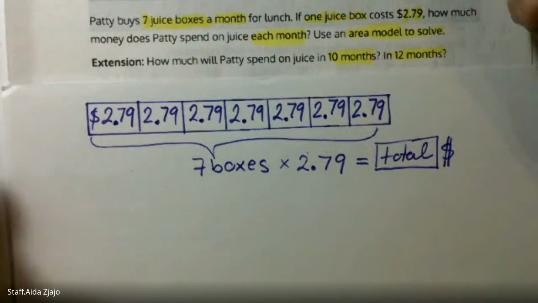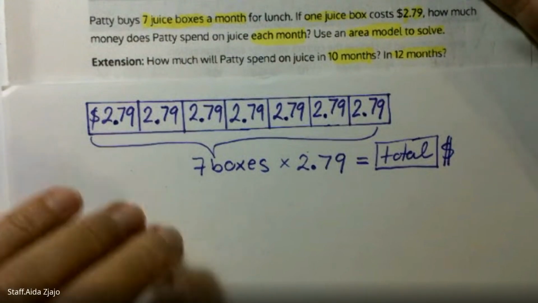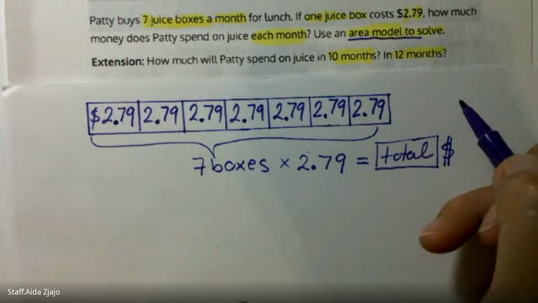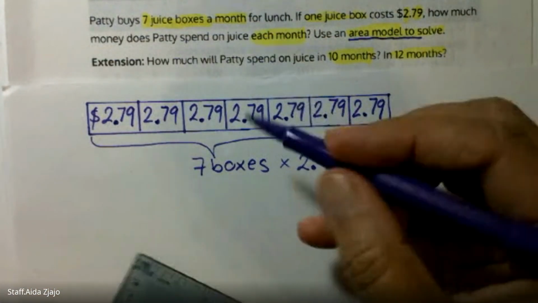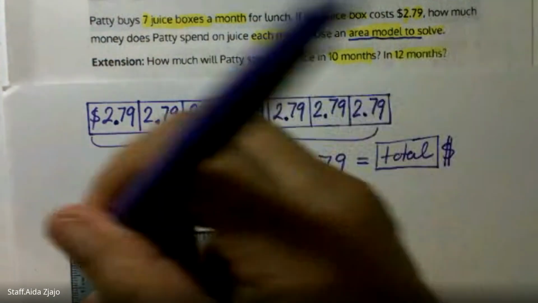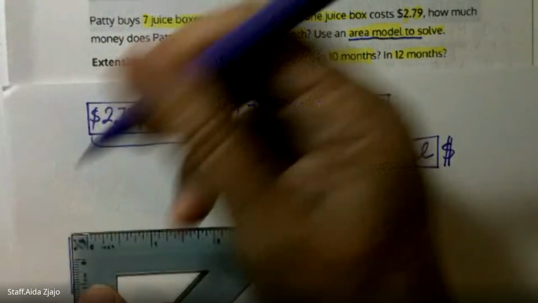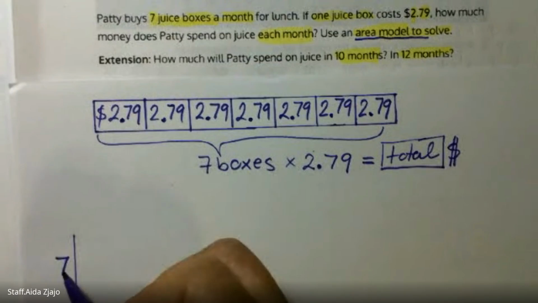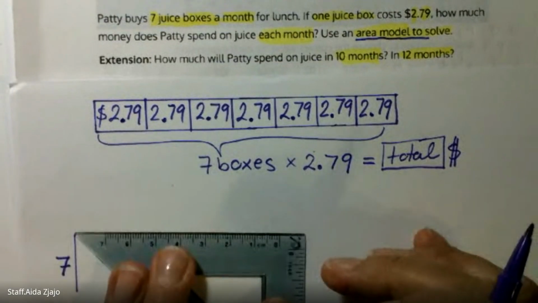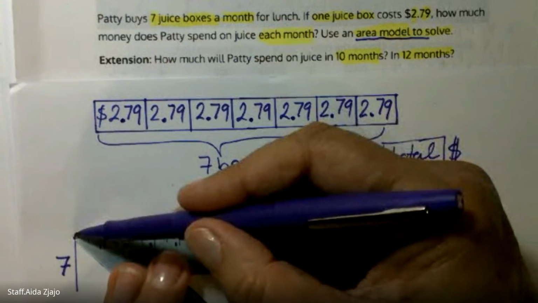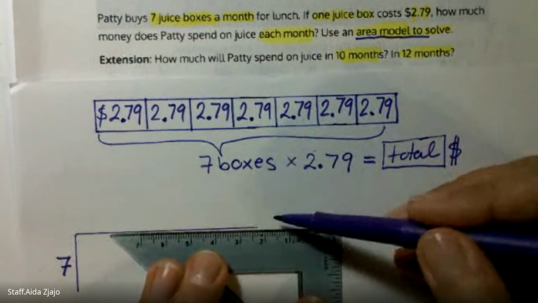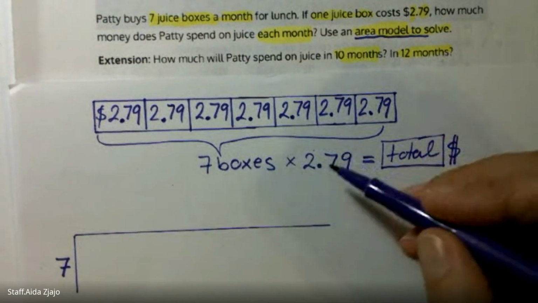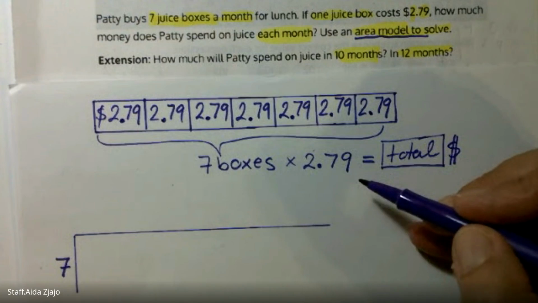Okay, so they want us to use an area model. That's one strategy that we can use. So here is 7 wholes. Pretend that this is 7, and then you're going to have the other part of the area, and you have to have 3 parts: ones, tenths, and hundredths.